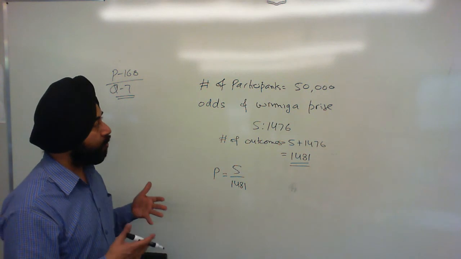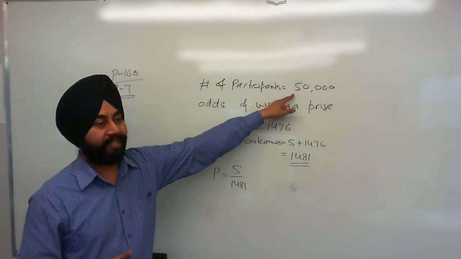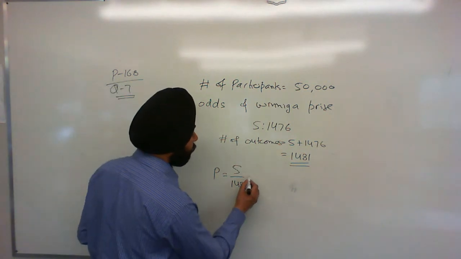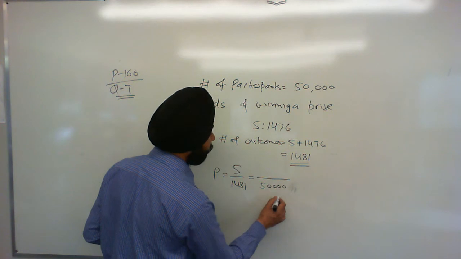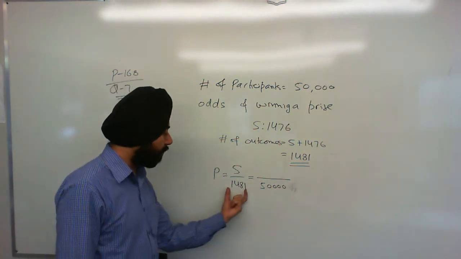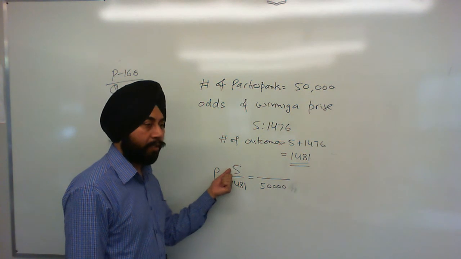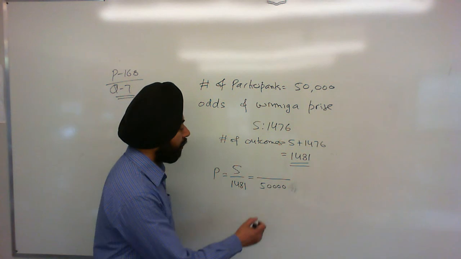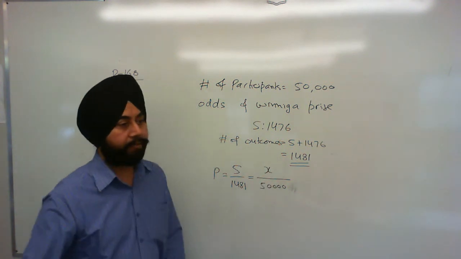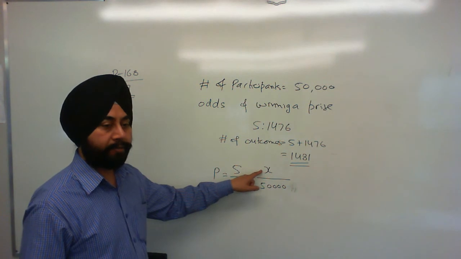But how many actual number of participants are there? 50,000, right? That means you will write this is same as having 50,000 participants. If you have 1,481 participants, 5 will win. If you have these many participants, how many will win? X. You can put an X for that. And then you cross multiply to find X, right?